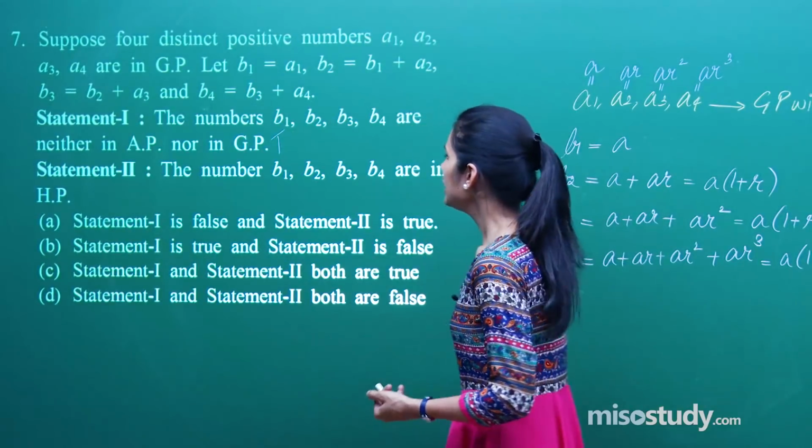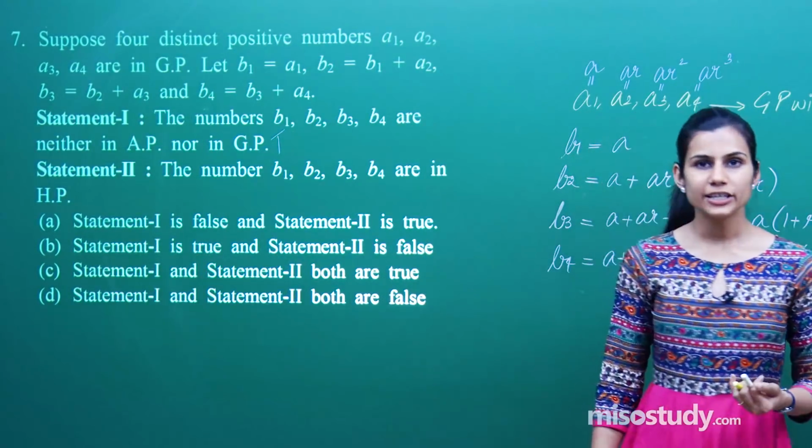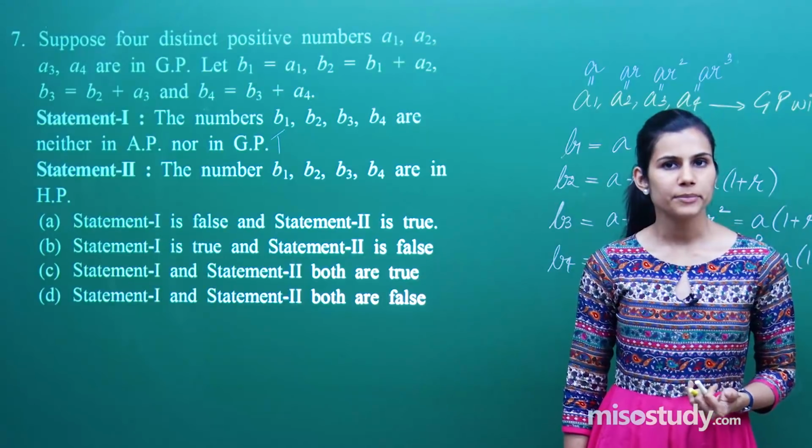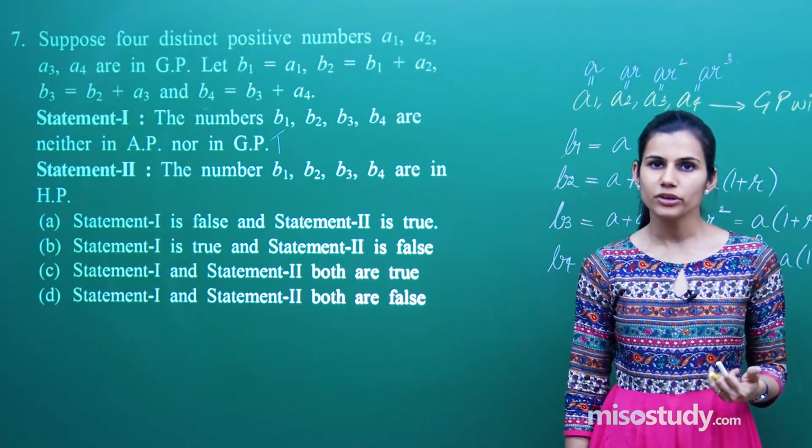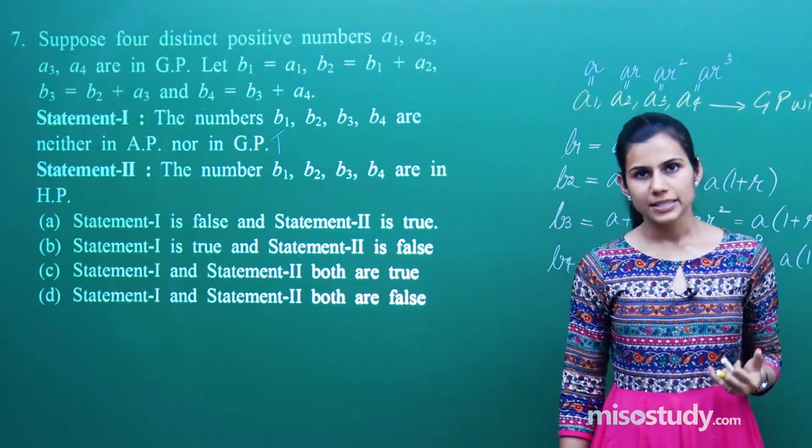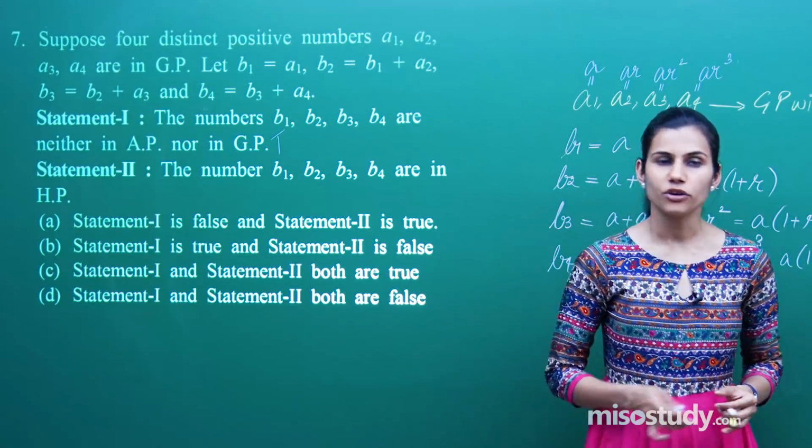This is true. Now it talks about the numbers being in HP. So rather than checking the numbers being in HP, that is harmonic progression, we will check whether their reciprocals correspondingly are in AP or not.